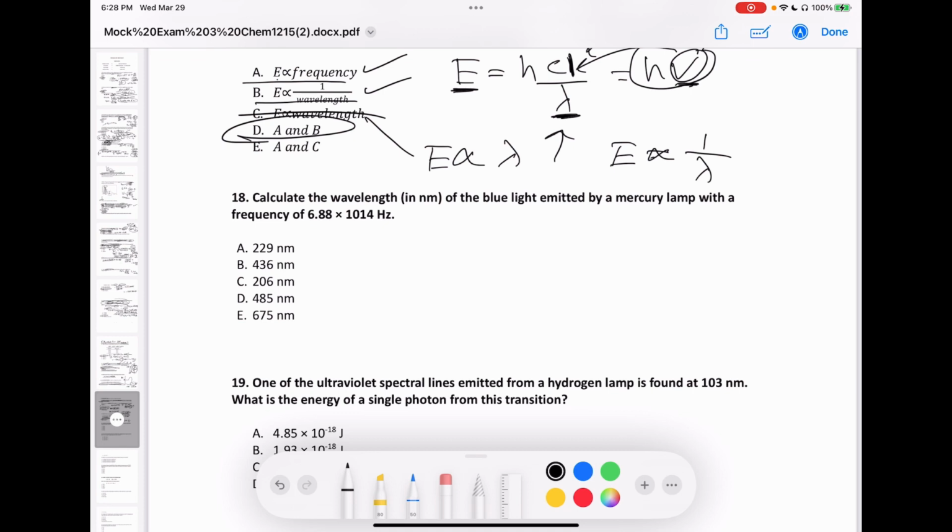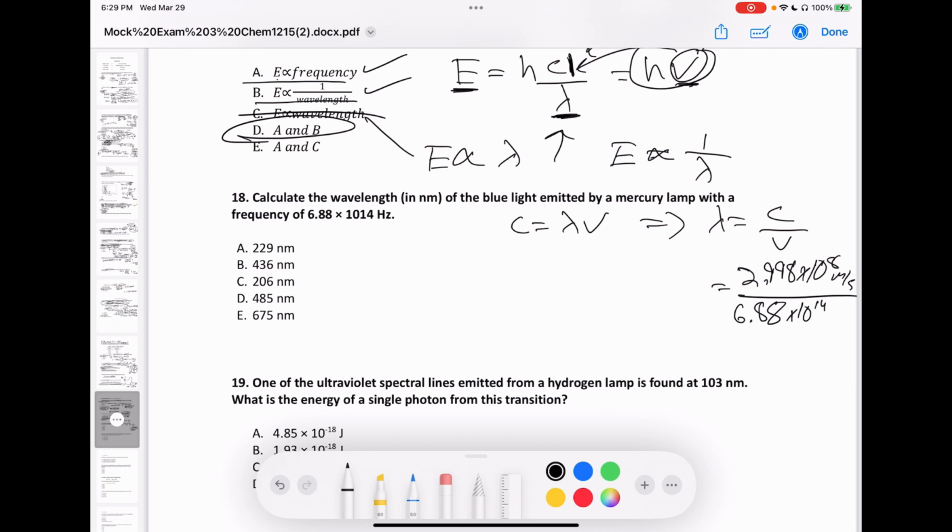We want the wavelength, so we rearrange: wavelength is equal to c over frequency, which is 2.998 times 10 to the 8th meters per second divided by 6.88 times 10 to the 14th hertz, where hertz is equal to 1 over seconds. That makes sense, because meters per second over 1 over second leaves you with meters.